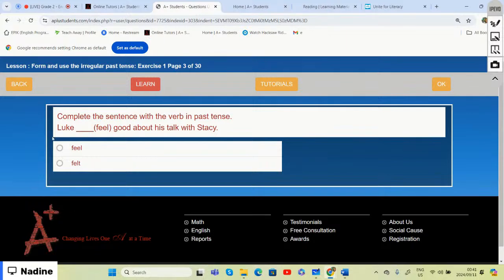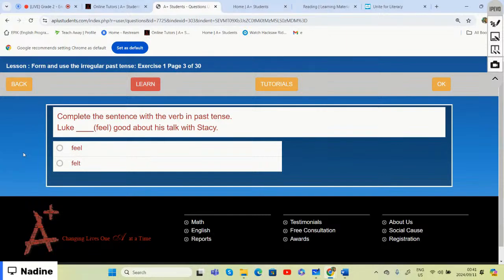It says Luke feel good about his talk with Stacy. So now we need to choose the past tense form of feel. Is it option one, feel, or is it option two, felt?